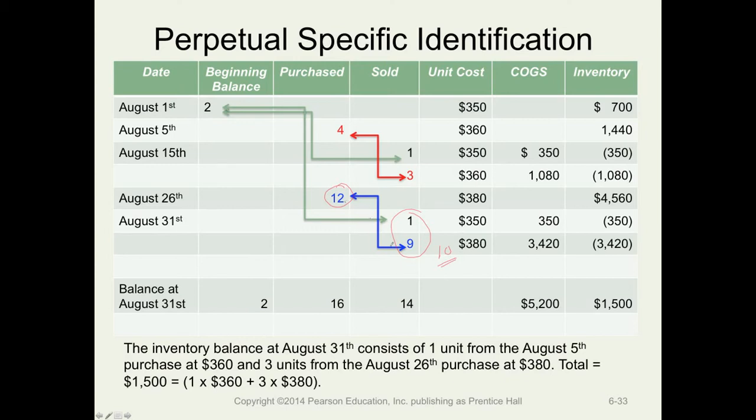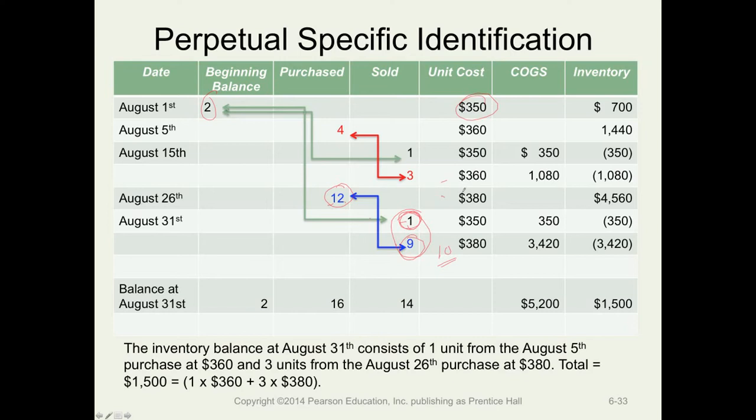Or August 31st. So that one of those units is coming out of the beginning inventory at $350, and none of the units are coming out of the August 26th purchase.